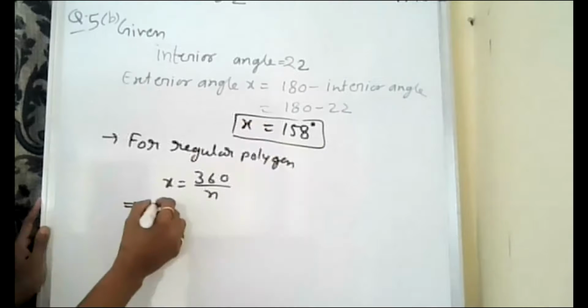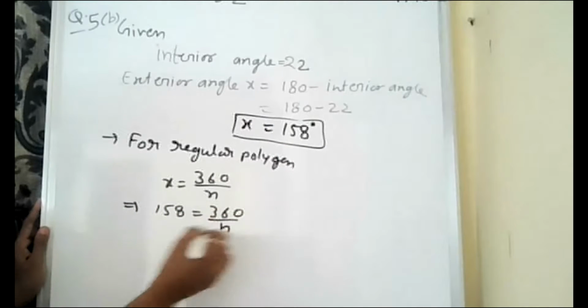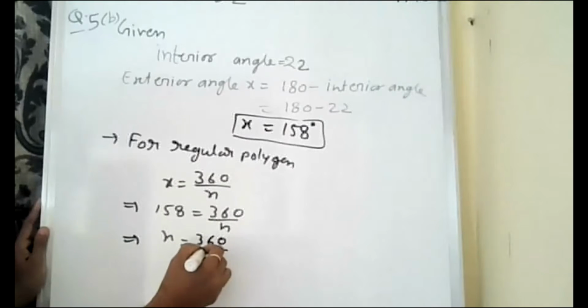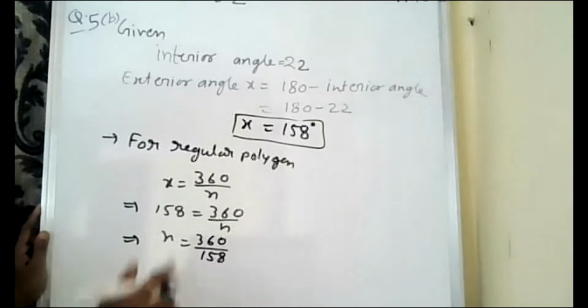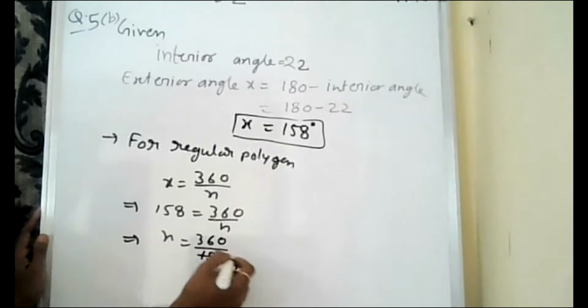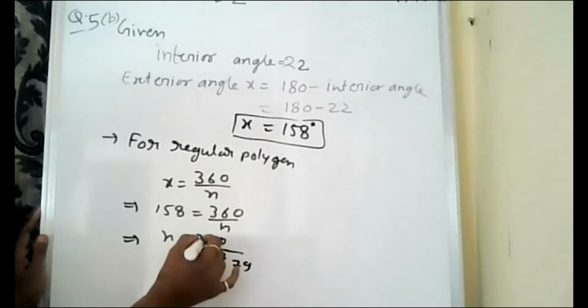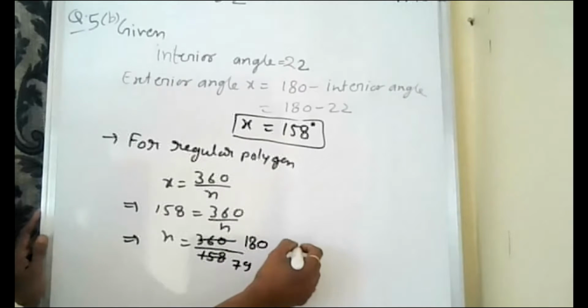In place of x, we keep 158, so 158 is equal to 360 divided by n, or n is equal to 360 divided by 158. Now we will see whether it is a whole number or not. 158 and 360 are both divisible by 2. 2 sevens are 14, 5 minus 4 is 1, 2 nines are 18, giving 79. And 2 ones are 2, 2 eights are 16, giving 180.